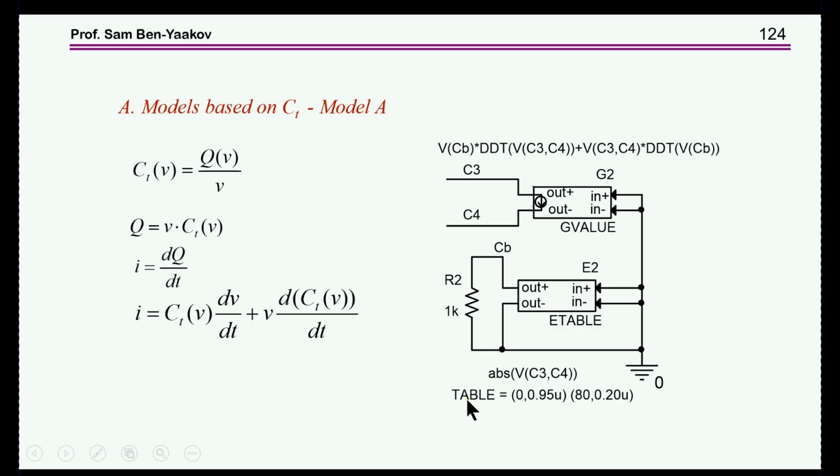This is the table. The table is fed with the voltage. This is the voltage between these 2 points, the capacitor voltage. And here we get a voltage which at any given time, depending on the voltage here, represents the total capacitance. And now I'm writing an equation in the syntax of PSpice as follows.